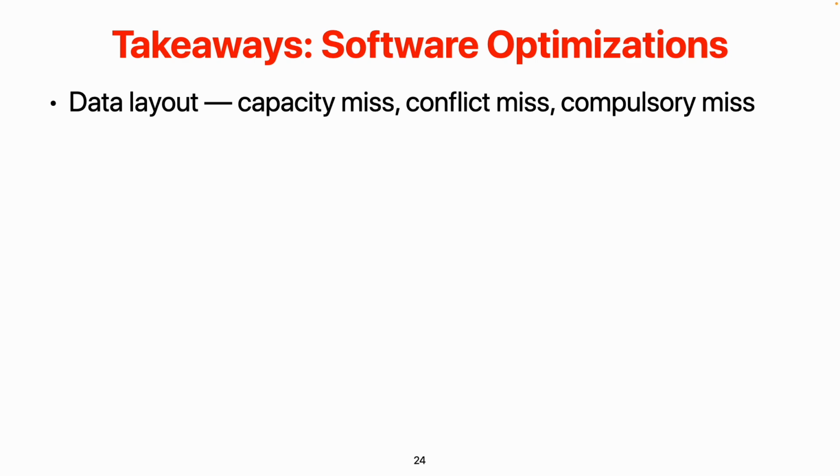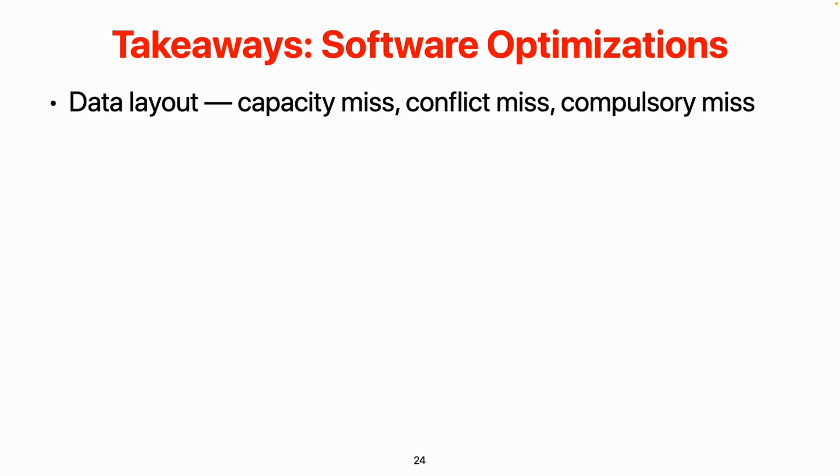Okay, so that goes to the first part. The first thing to optimize in your software is, can we carefully rethink the layout of our data? If you change the layout of your data, you can reduce the number of blocks that you need to fetch because you have better spatial locality. You have higher utilization of data within the same block.